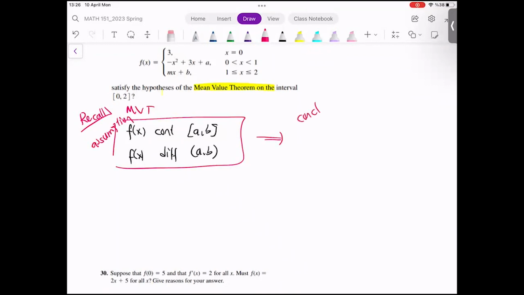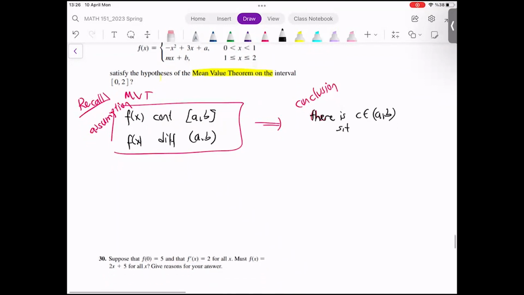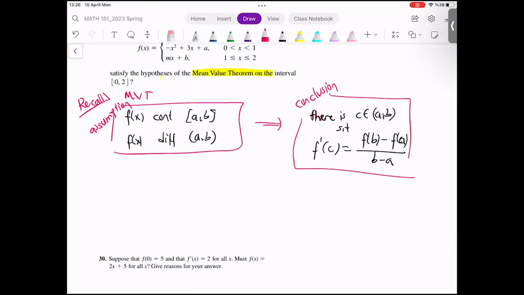And now the conclusion box: then there is a number c between a and b such that the mean value theorem is about the first derivative, f prime of c equals f of b minus f of a divided by b minus a.